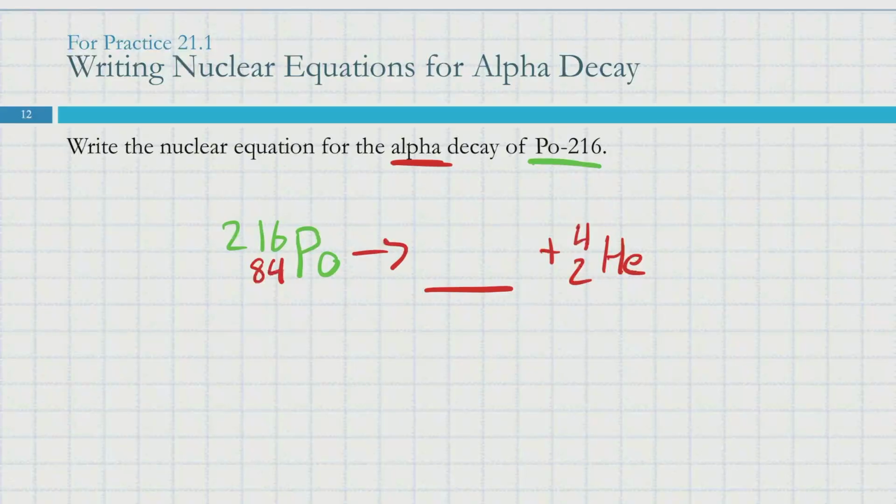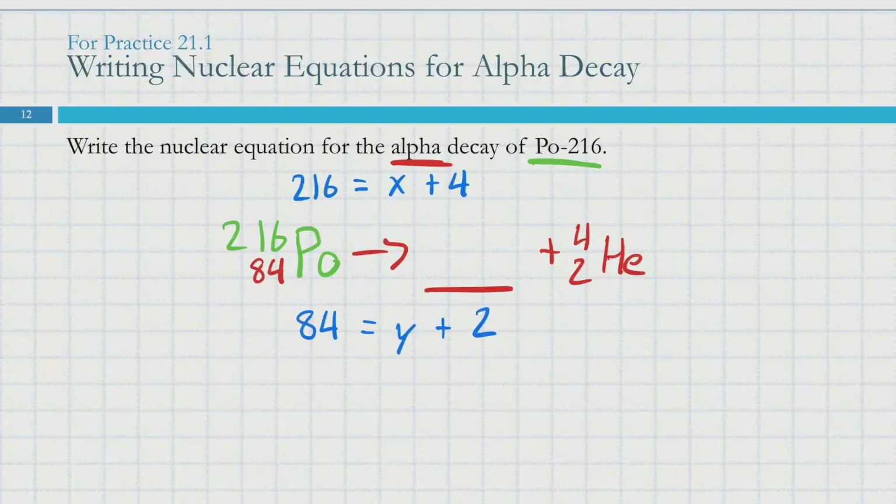And then we need to figure out what the numbers of our daughter nuclide are. So we can set up a very simple set of equations. For the top, 216 equals X plus 4, because we need the top numbers to all be balanced left and right. So X is just standing in for whatever our A is going to be for our daughter nuclide. And we can do a similar thing for the bottom, 84 equals Y, just so it's a different variable, plus 2. If you can do this in your head and you can get it right every single time, that's awesome, that's great.